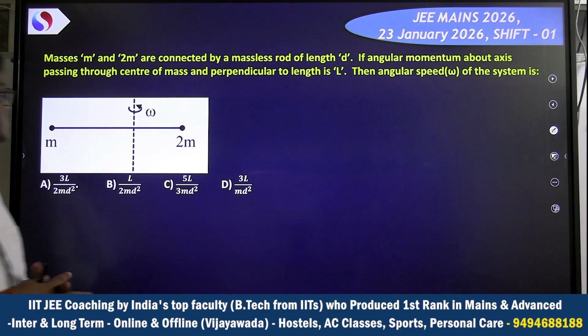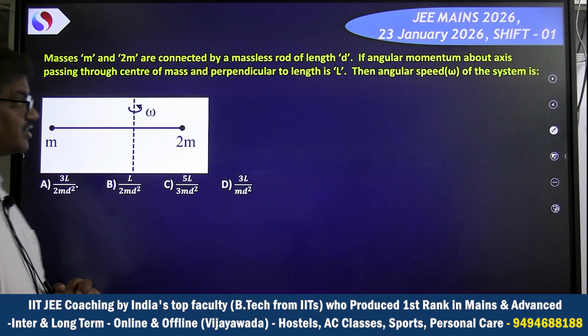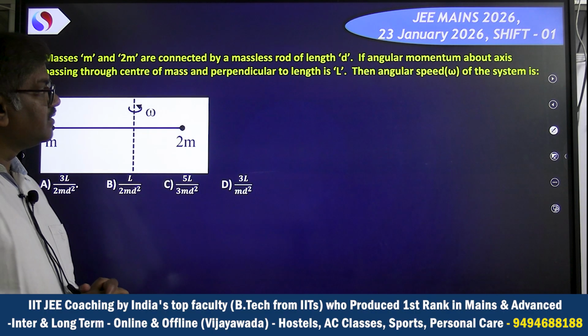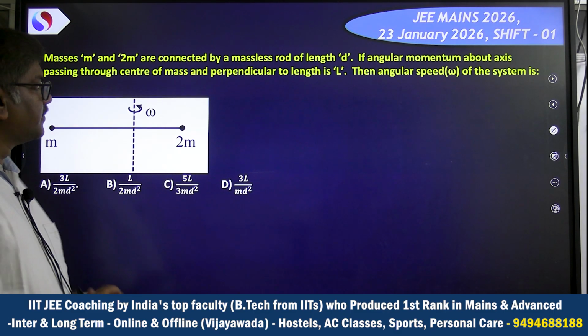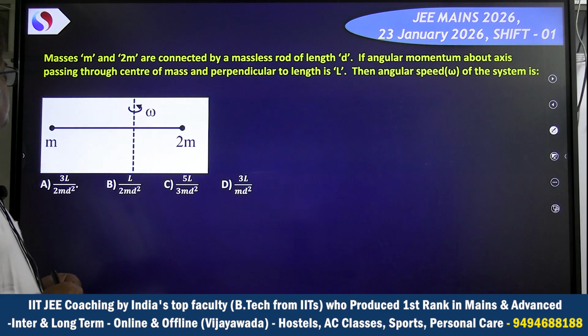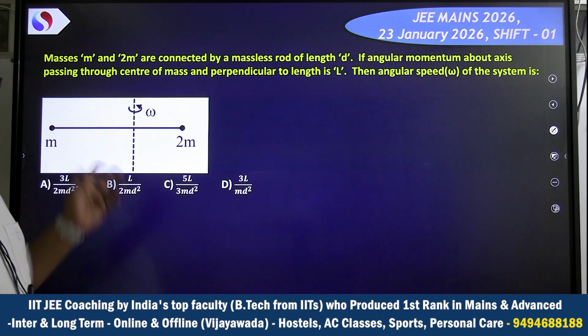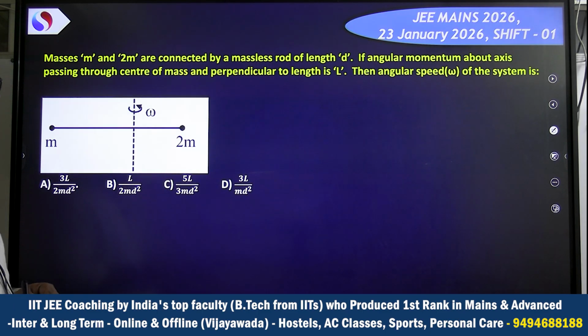So masses m and 2m are connected by a massless rod of length L, angular momentum. Again, this time it is rotation. I have seen that from class 11 there are so many questions, especially from mechanics. Angular momentum about the axis passing through the center of mass. There are two ways to solve this question.